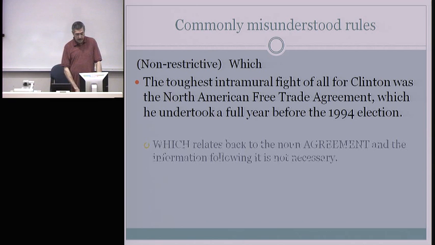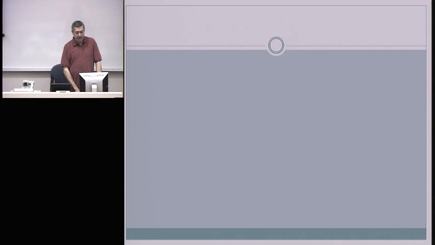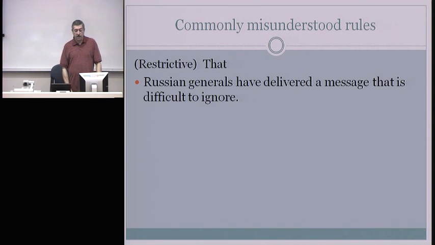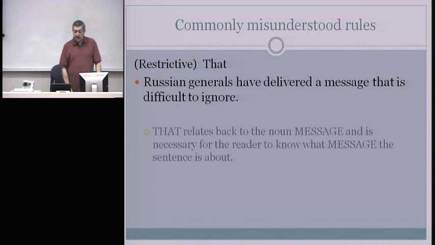The next example is with that, which is restrictive. The Russian generals have delivered a message that is difficult to ignore. The last half is important because it relates back to the message, and you need to know what the sentence is about.